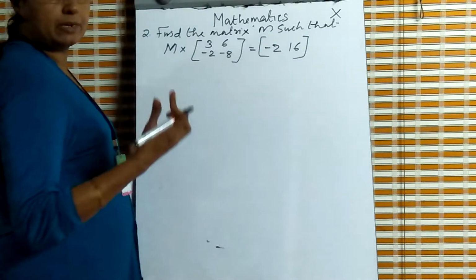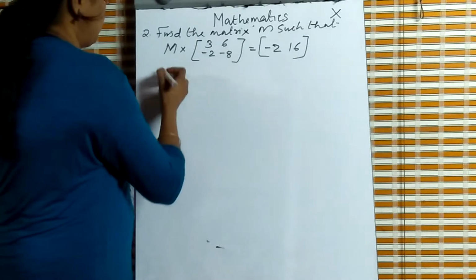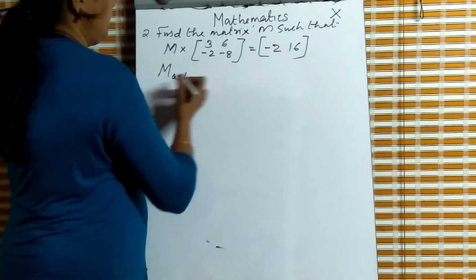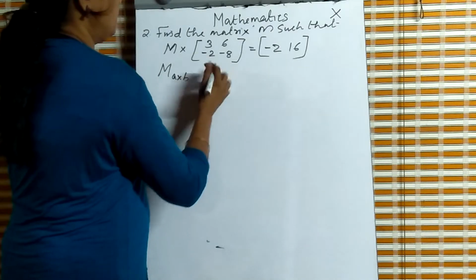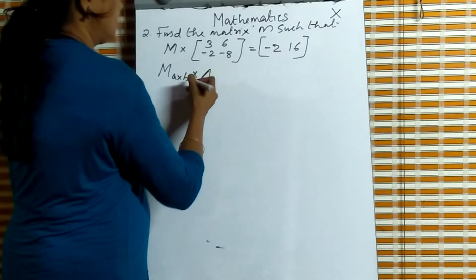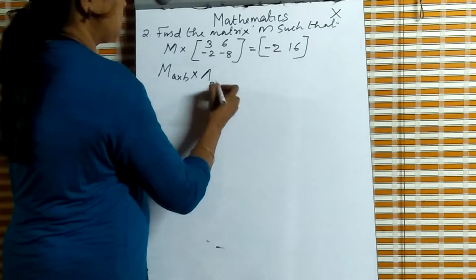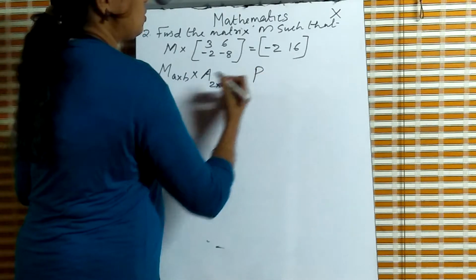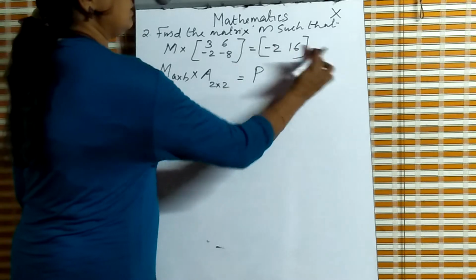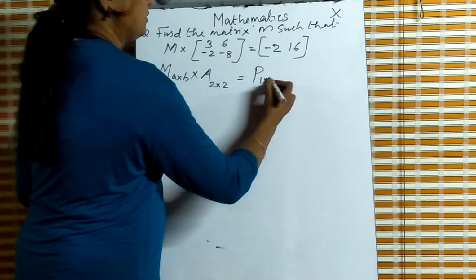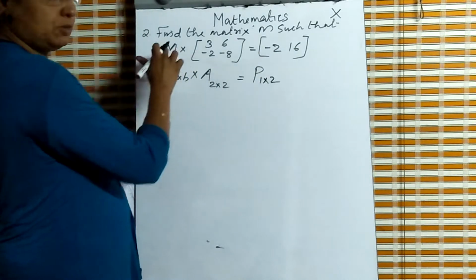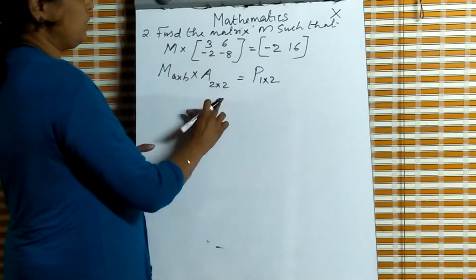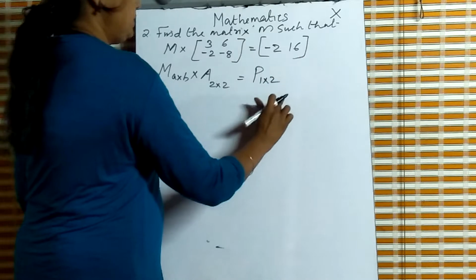First we have to determine the order of M. Suppose M is a by b and take this one as matrix A. Matrix A is 2 by 2 and this is the product. What is the order of this one? Row 1 by 2. So listen, assume the order of M is a by b, this is 2 by 2 and this is 1 by 2.